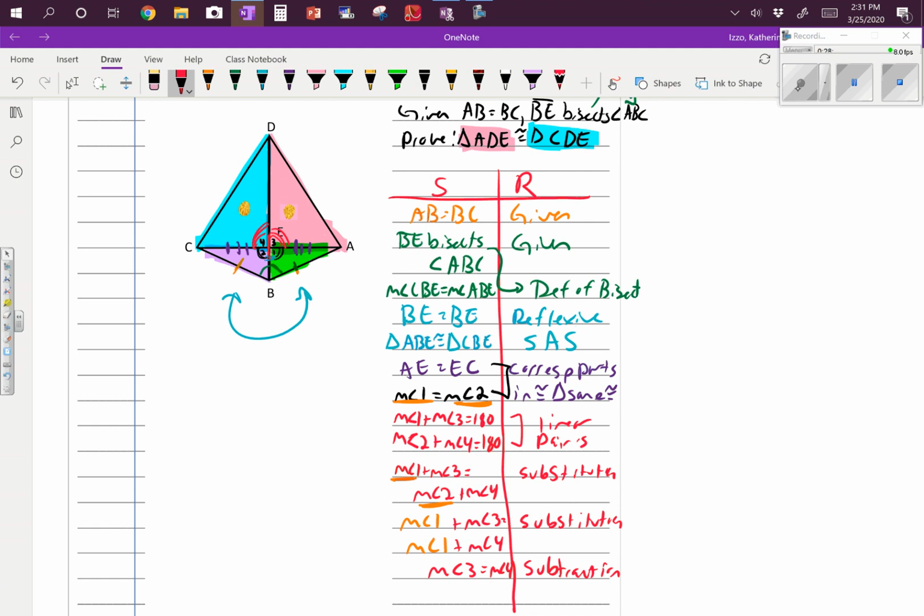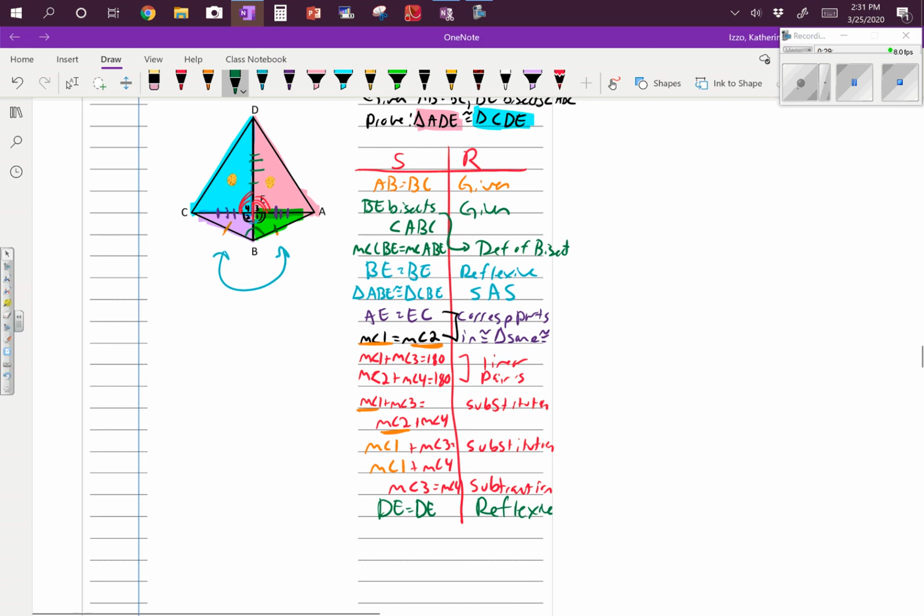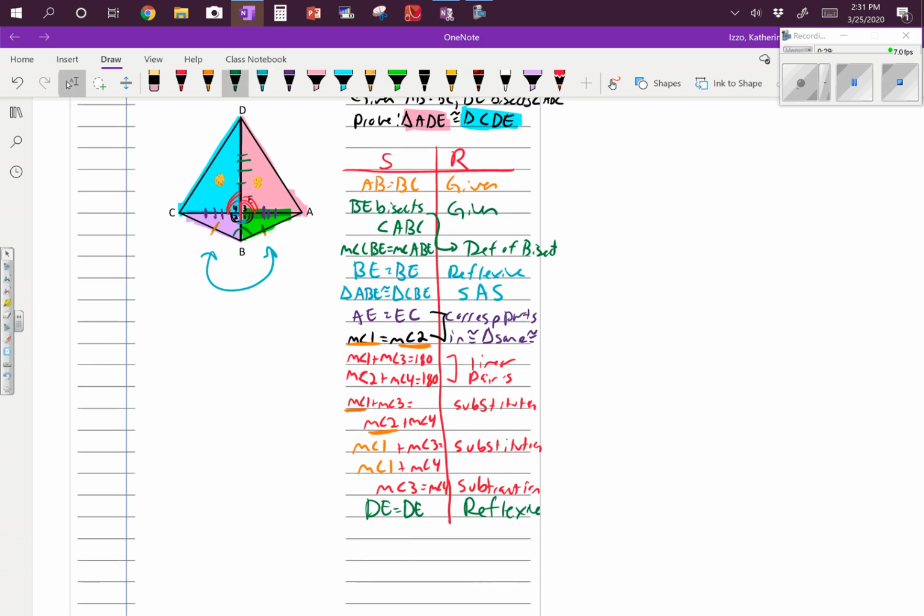We've got a pair of sides, and now we have a pair of angles in the pink and blue triangles. And if we look very closely, we have a nice reflexive side there. DE equals DE by reflexive. And we've got side angle side to finish this out.